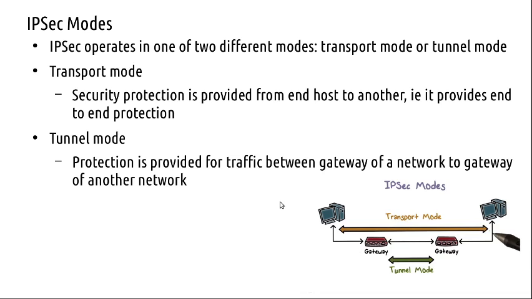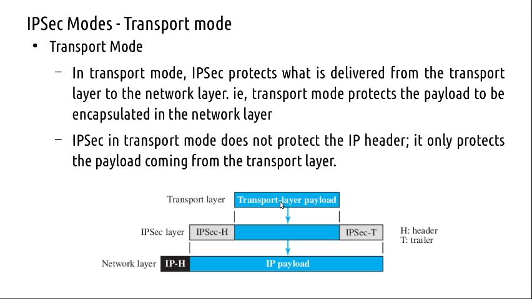Okay, so that's the transport mode. If you recollect, you have the application layer, transport layer, network layer. The transport layer payload is called a segment, and it is given to the IP layer. It will be protecting the payload only, it won't protect the IP header.